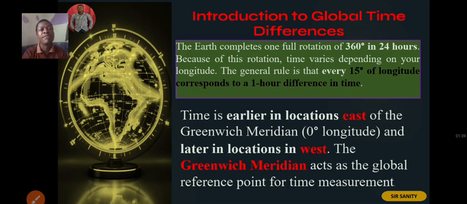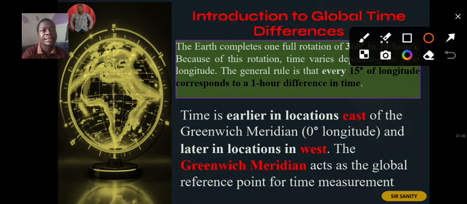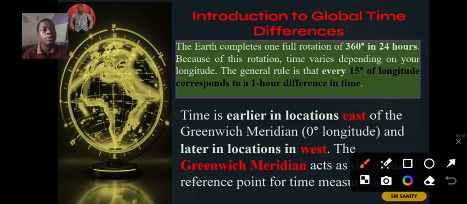So in every 24 hours, the Earth rotates itself, and it takes a solid 24 hours to make a complete 360 degree rotation. Now, the general rule is that when you are calculating time, every 15 degrees of longitude corresponds to an hour difference in time.